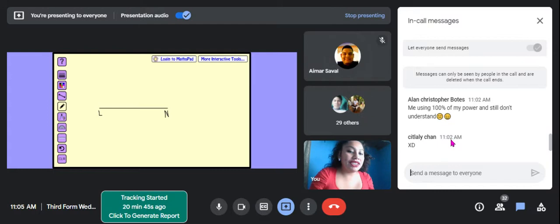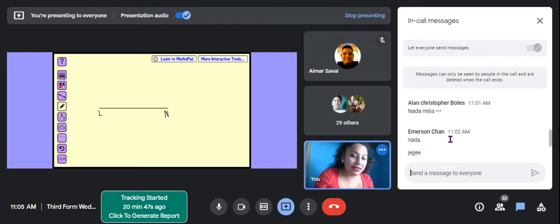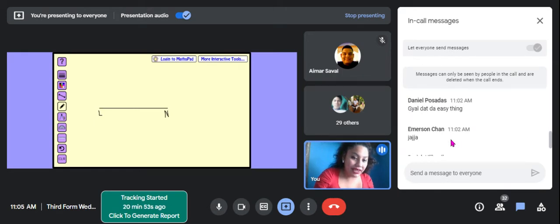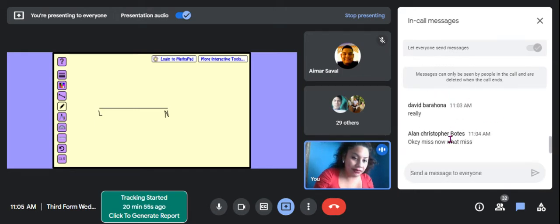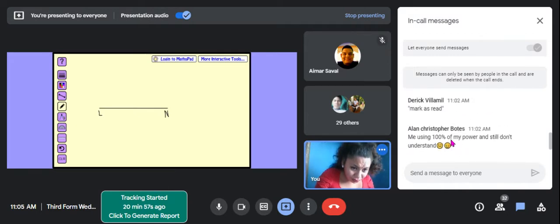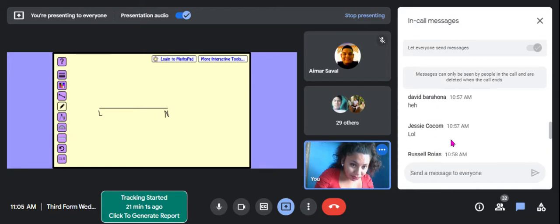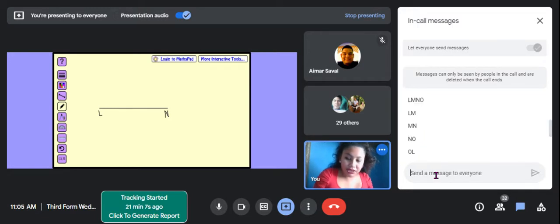Yes. So now I want you guys to let me find it and paste it again because so many chats have been sent already. The sides. Okay, found it. So in the chat, I sent all of the sides, and the shape is L, M, N, O, and then we have those four sides.